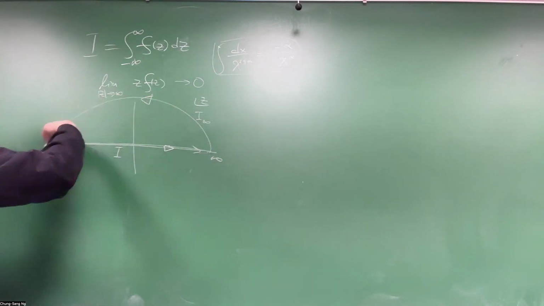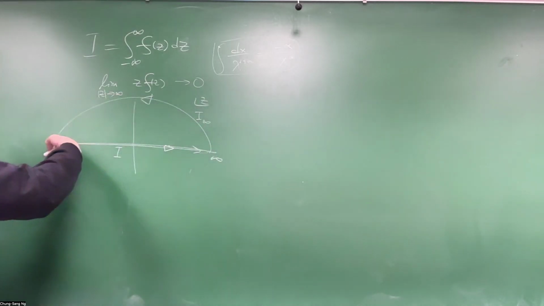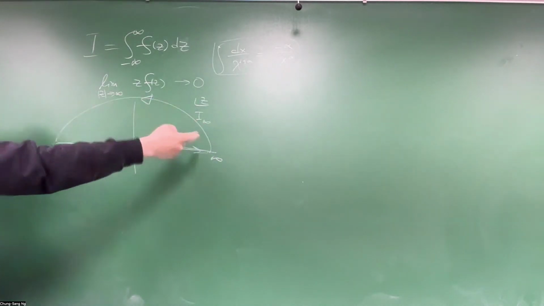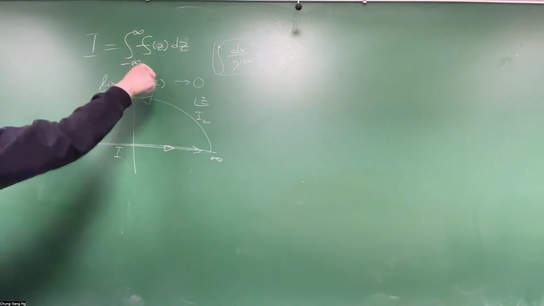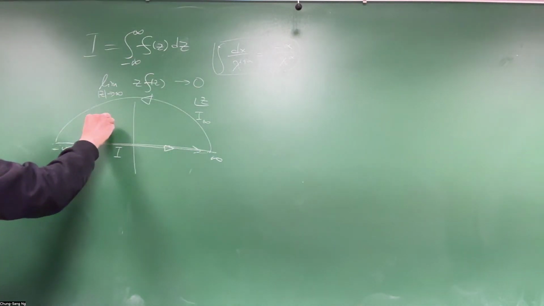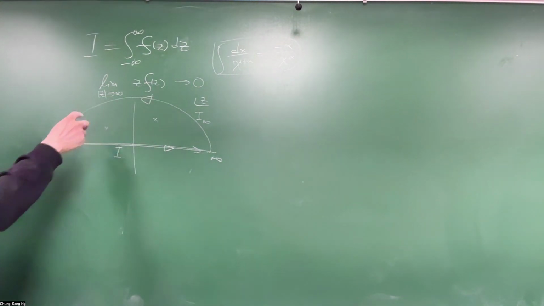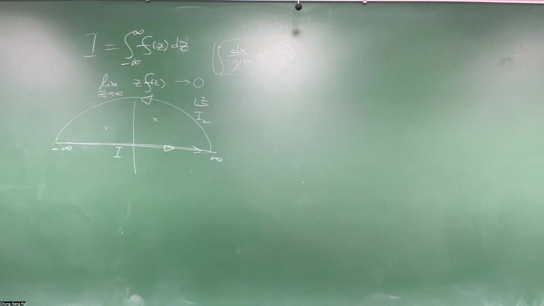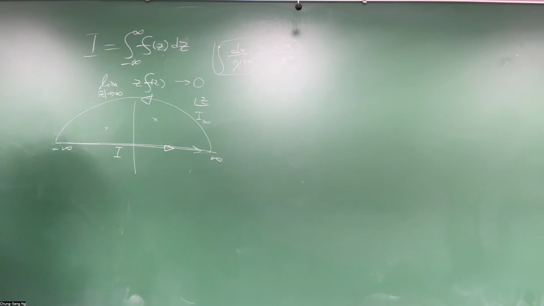There will be no contribution from that, but you still get the whole loop. Then the solution is just summing over the residues in the upper plane and multiplying by 2 pi i. That would be the answer for the integral.